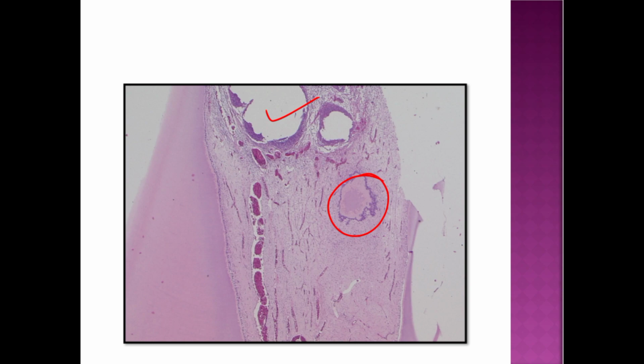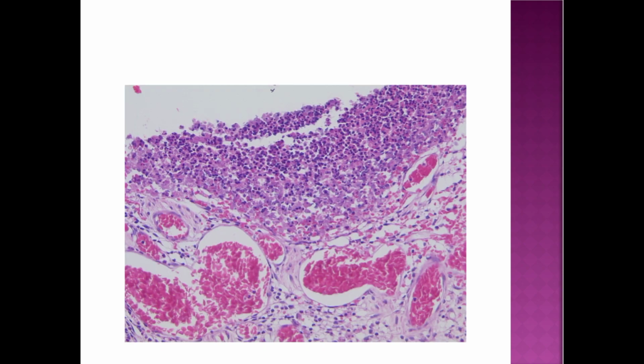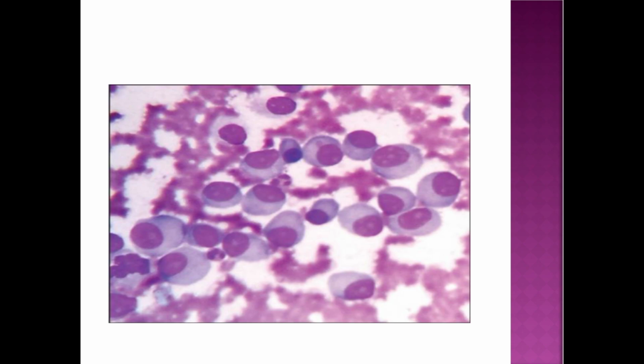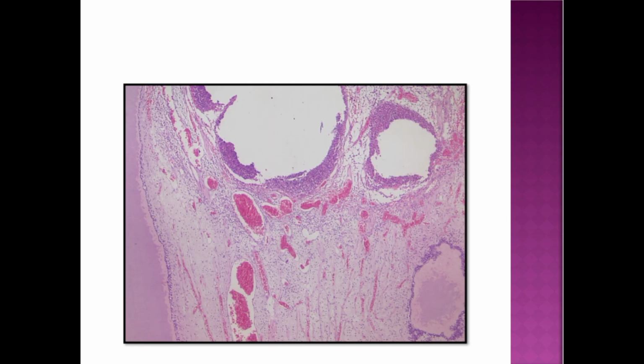In the histopathology, we have plasma cells and other cells. This is a lymphocyte, and you can see lymphocytes in this also. We also have the plasma cells. The cells are here.